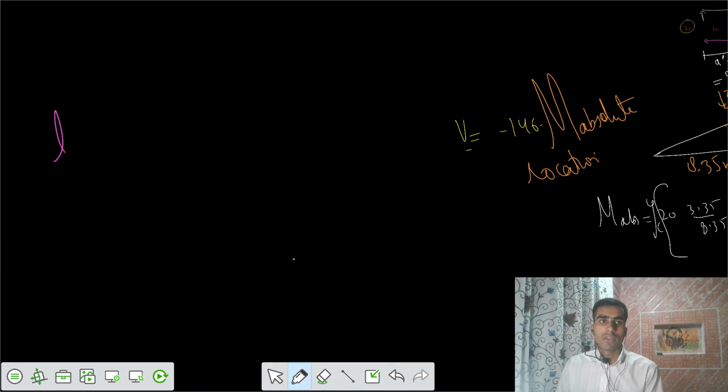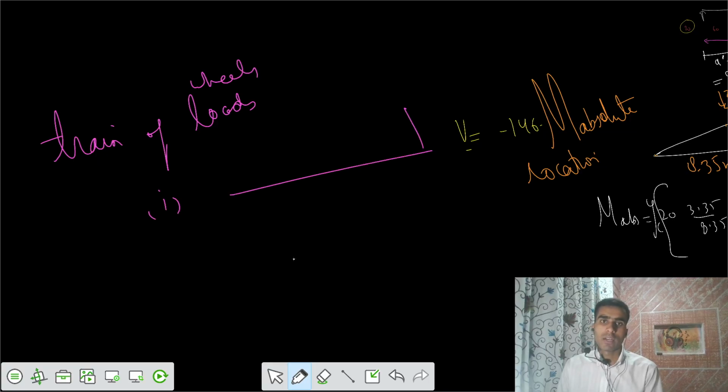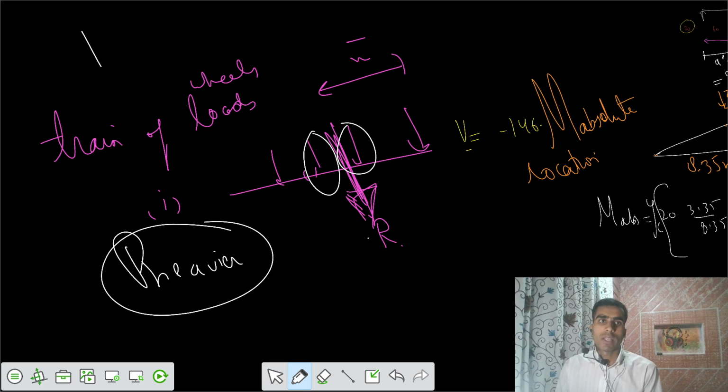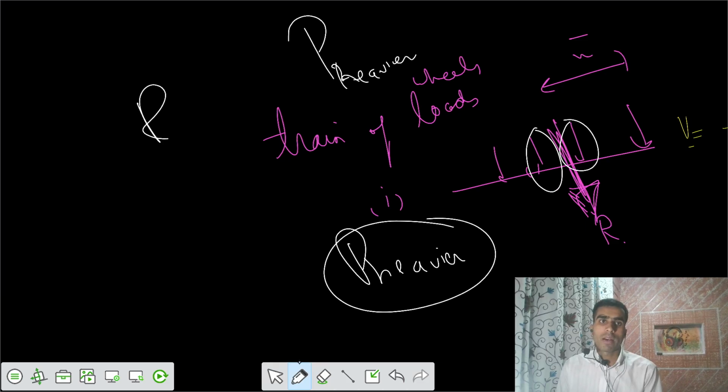So what is the conclusion that we can have for the absolute bending moment for the beam when there are train of wheel loads? First step is to get the centroid of those loads, x bar, and it might be between two loads. Then out of those two loads, you need to find which one is the heavier load. Then we say this load P2 is P heavier, and the resultant and P heavier should be equally spaced from the midspan.